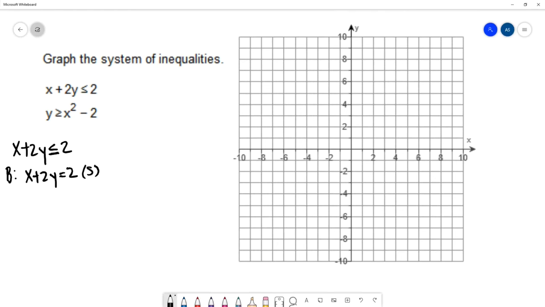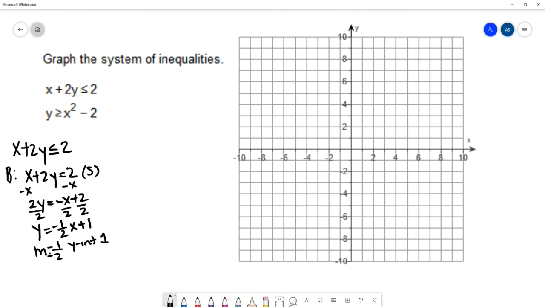We can graph this using slope-intercept form. So I'm going to solve for y. Subtract x. That's 2y equals negative x plus 2. Divide by 2, and y equals negative 1/2 x plus 1. And we have a slope of negative 1/2 and a y-intercept of 1.